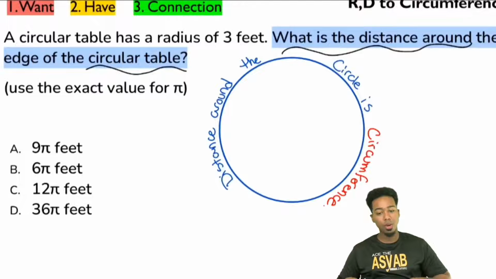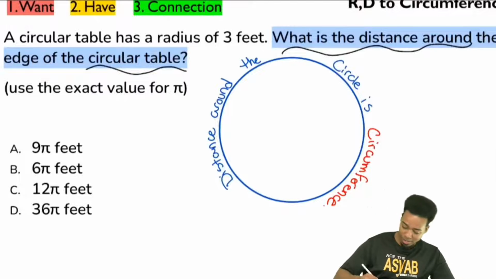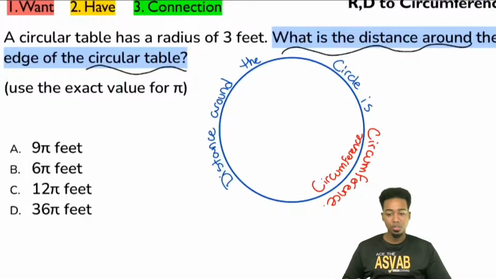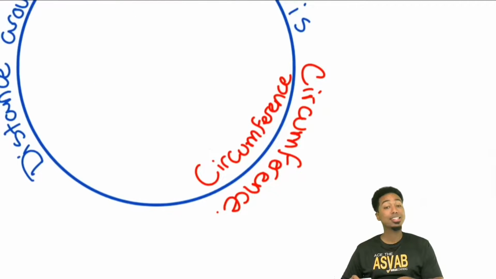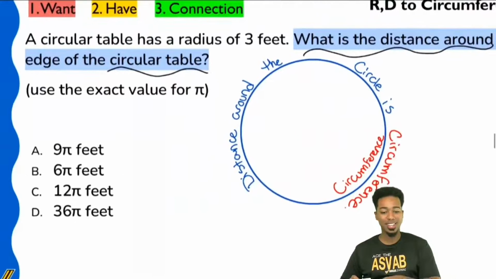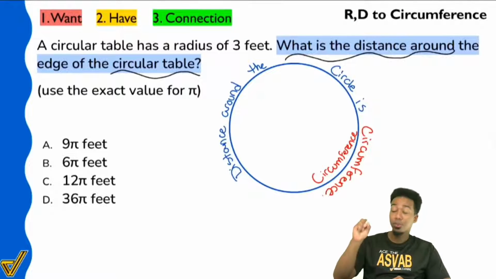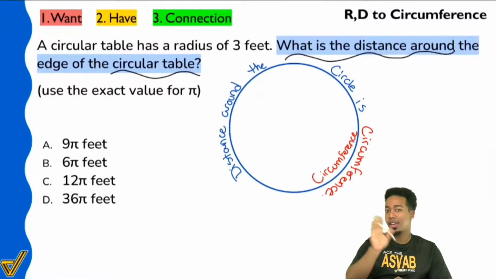The distance around a circle is the circumference. You can write that down either way. I know that's a little weird since it's kind of curved, but the distance around the circle is circumference. The space inside of it is the area.